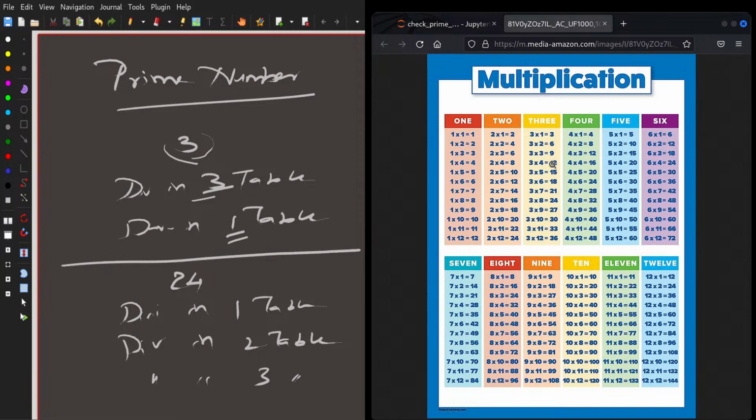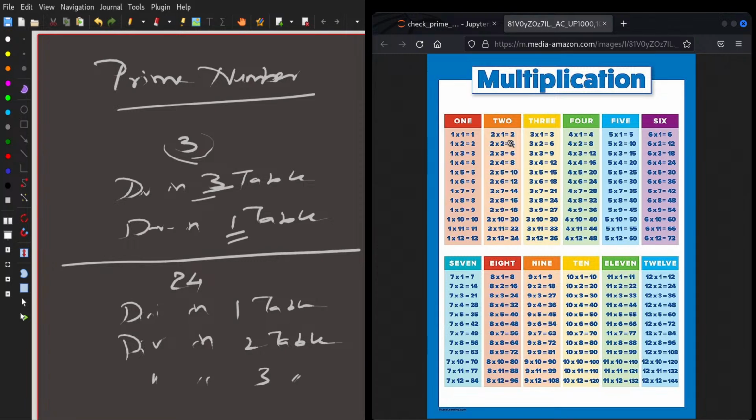But if it is divisible by any other table, in case of 3, other table means 2, 4, 5, 6, etc. Understood? If it is 4, other tables, except 1 and 4, are 2, 3, 5, 6.